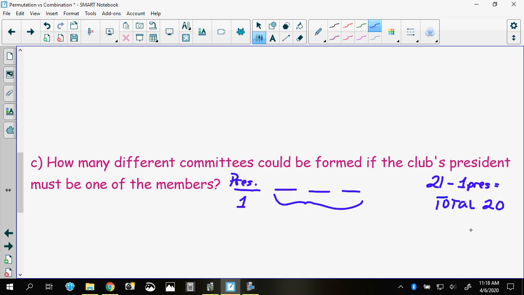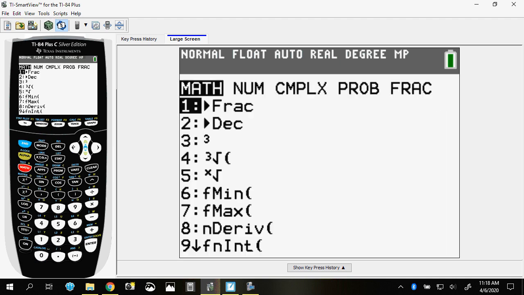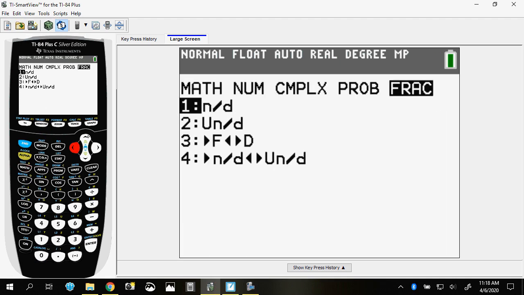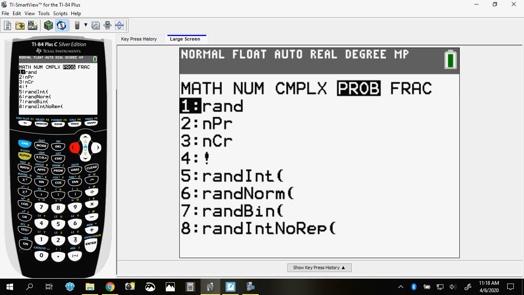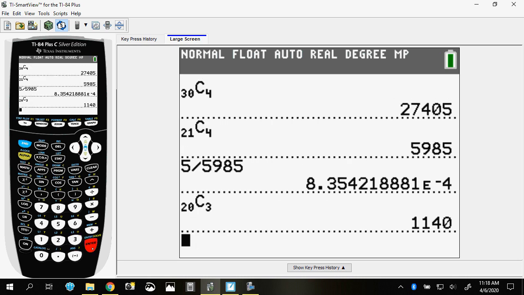So in this combination, we're doing 20 people, and we're only choosing 3 more spaces. So we're looking at 20 combination, choose 3, instead of 21, choose 4. So 20 choose 3 is 1,140.